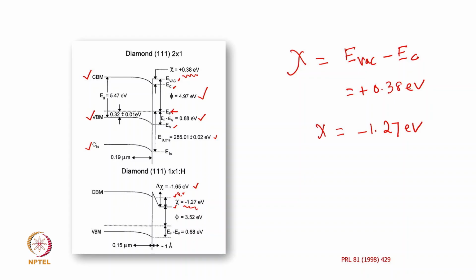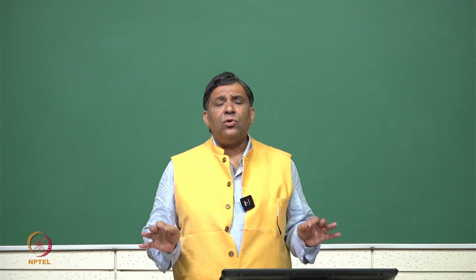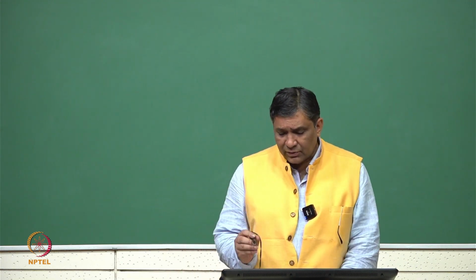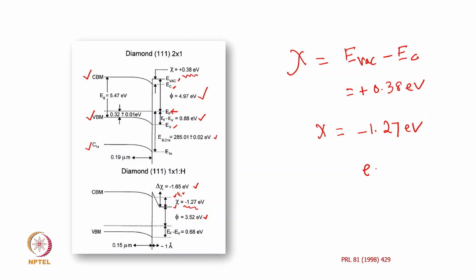So, this is a very important thing. When we have this situation, the work function is effectively reduced. So, the electron emission probability enhances because of negative electron affinity, which modifies these energies.